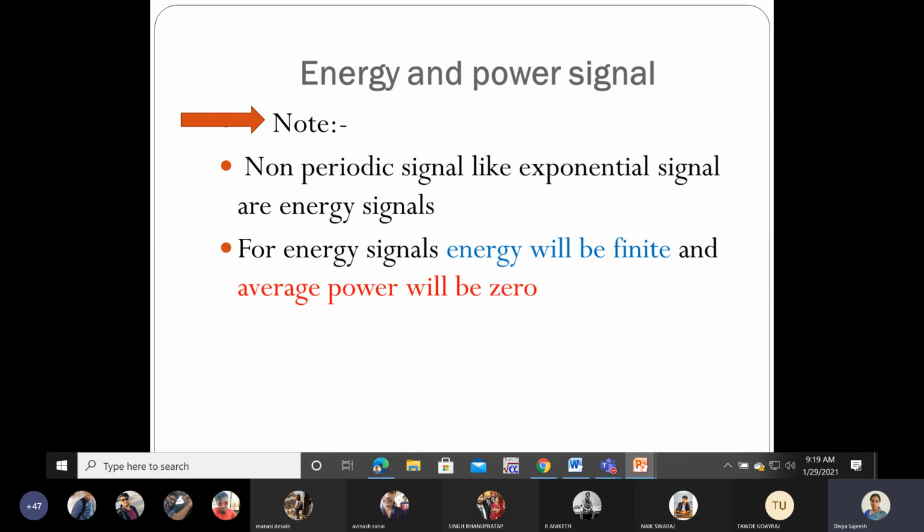So non-periodic signals like exponential signals will all be energy signals. They will have a finite energy, but the average power of that signal will be 0.